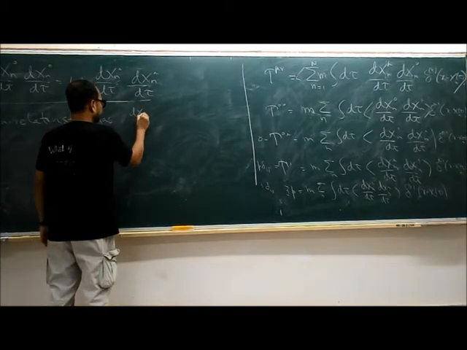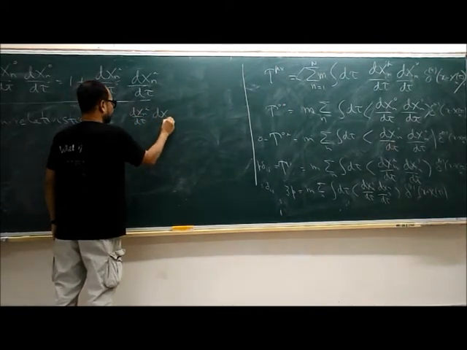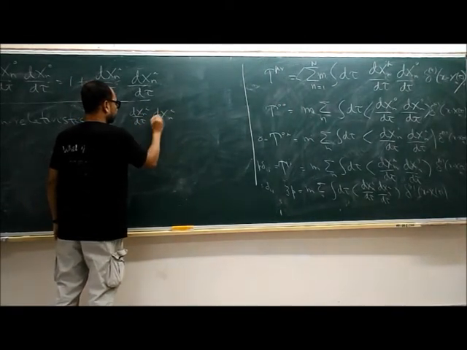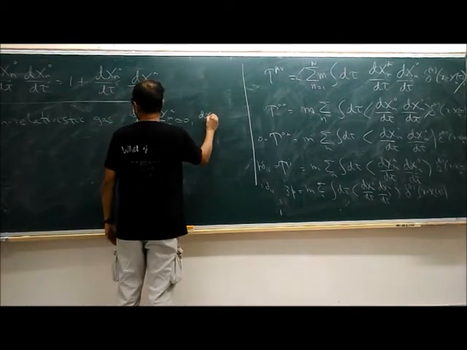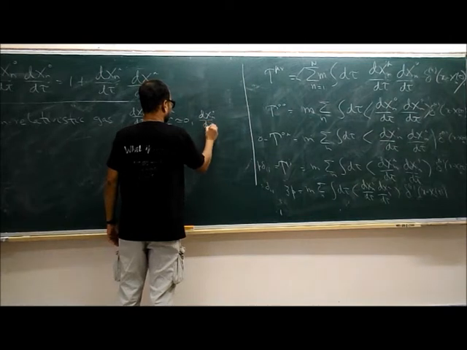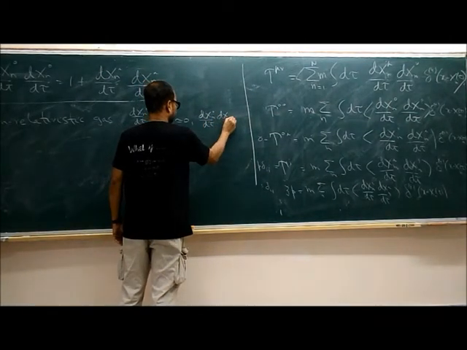So dx i d tau is almost equal to 0, and dx naught d tau will be equal to 1.